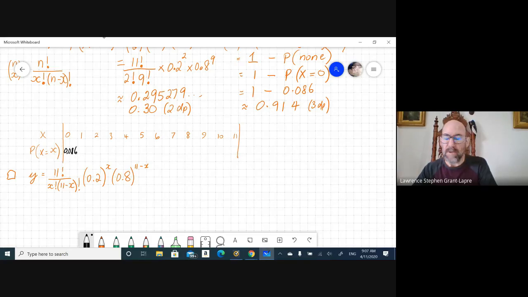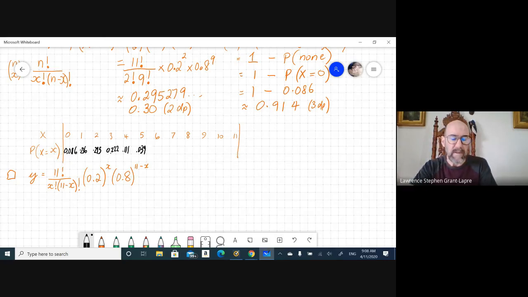For 1 it is 0.236. For 2 it is 0.295. For 3 it is 0.222. For 4 it is 0.111. For 5, it's 0.039.